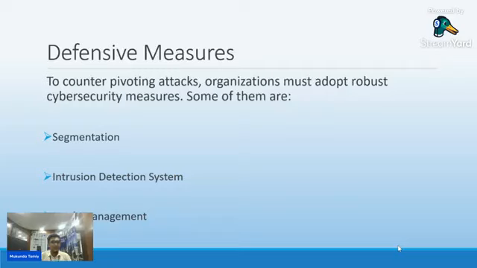Correct. Now another one is patch management. What is patch management? Using patch management, basically we have to keep our software up to date, because if it is not up to date, you can see that Windows 7 is vulnerable to MS17-010.